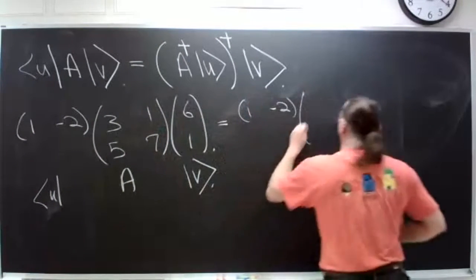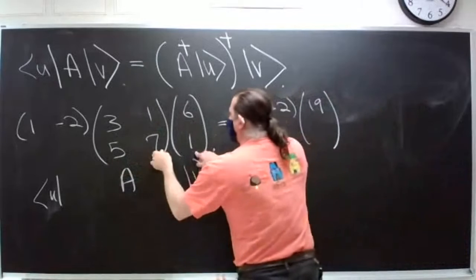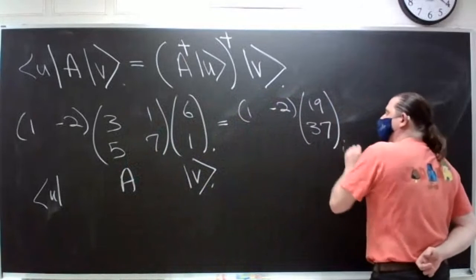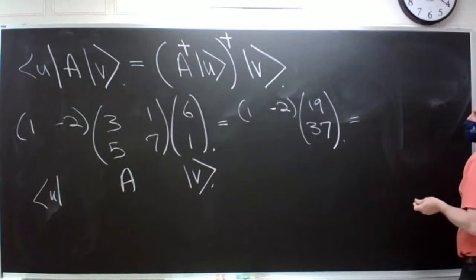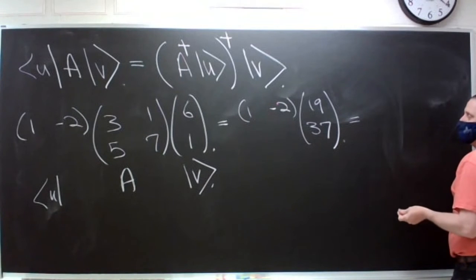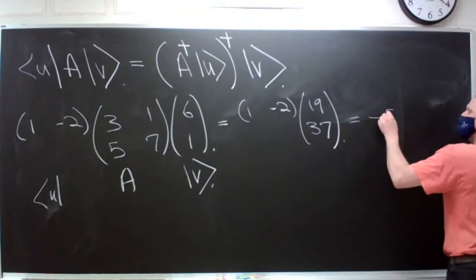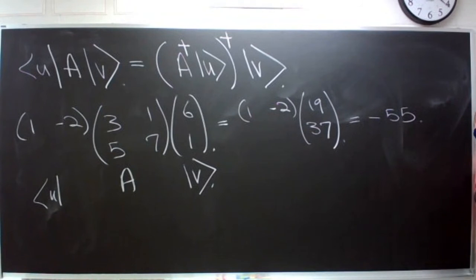We've got 18 plus 1. We've got 37. So this would give me 19 minus 74, which is negative 55, maybe?